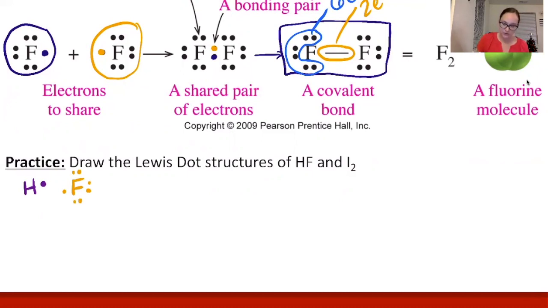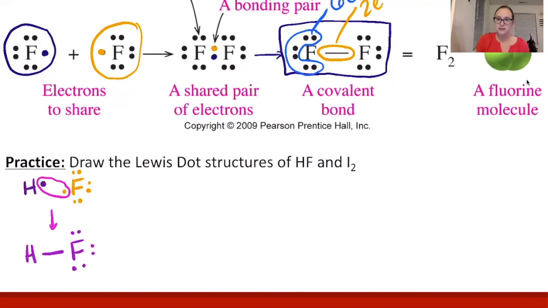Okay, and then we're going to draw a bond between the 2 electrons that are going to be covalently shared. And that will then give us our molecule, or our Lewis dot structure, HF. And then we're going to keep all of our lone pairs in our structure. So here is our answer for HF.